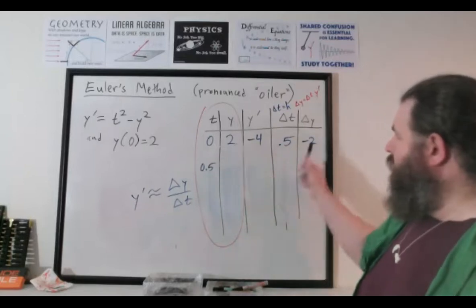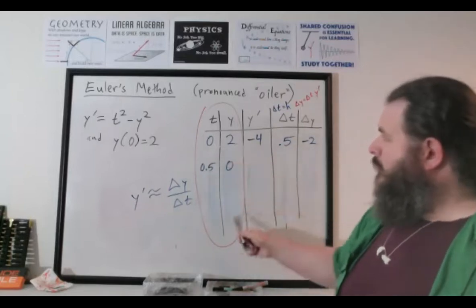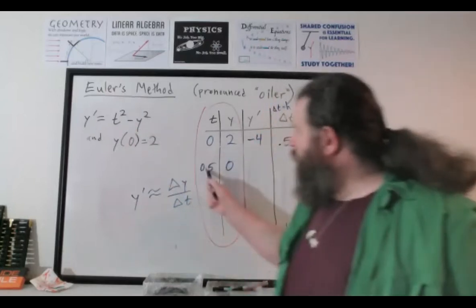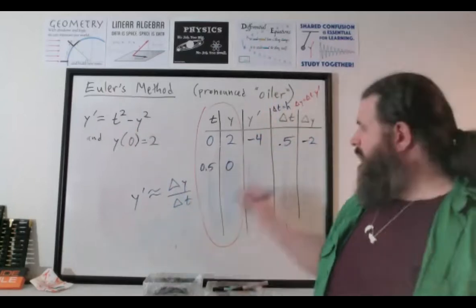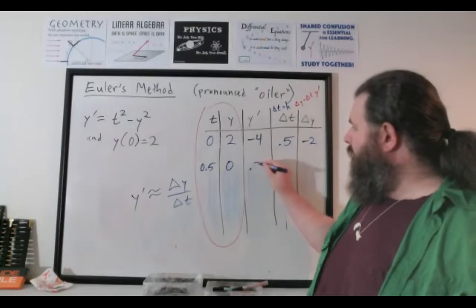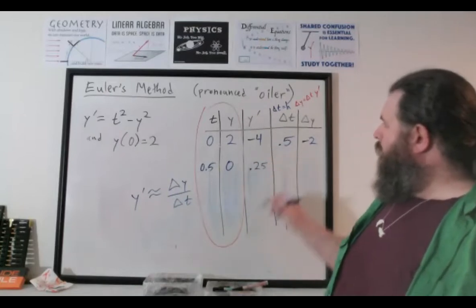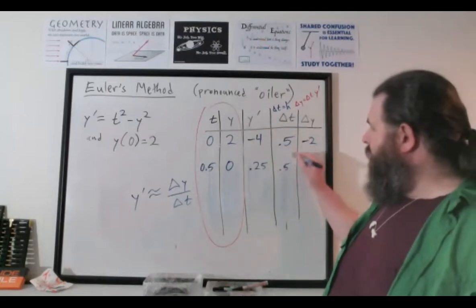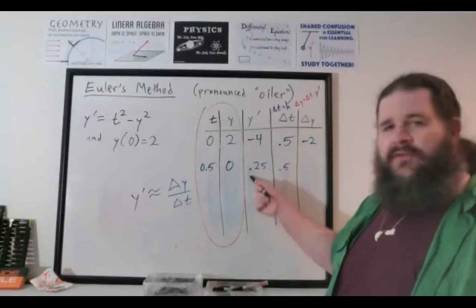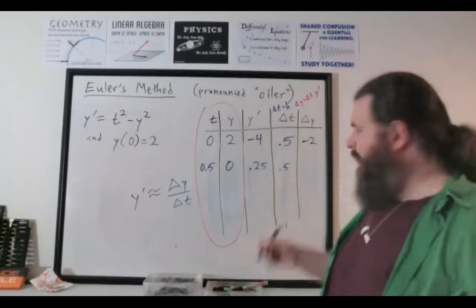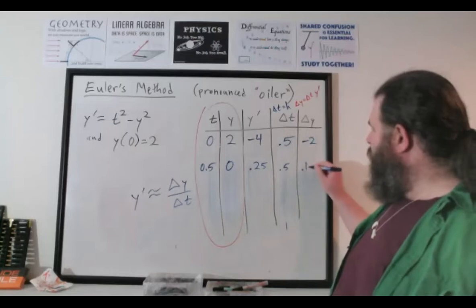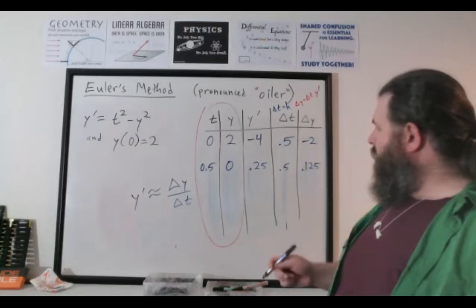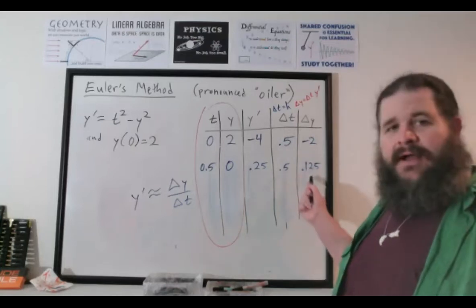From 2, we're going 2 downwards. Now we plug these in, 0.5 squared plus or minus 0 squared would be positive 0.25. And then delta t is still going to be the same 0.5. 0.25 times 0.5 would be 1/8 or 0.125. So that means that's our new delta t and delta y.